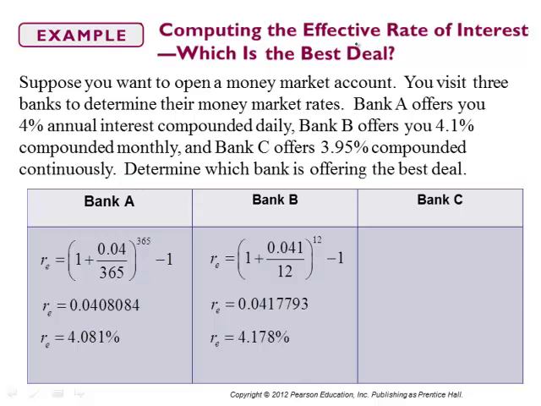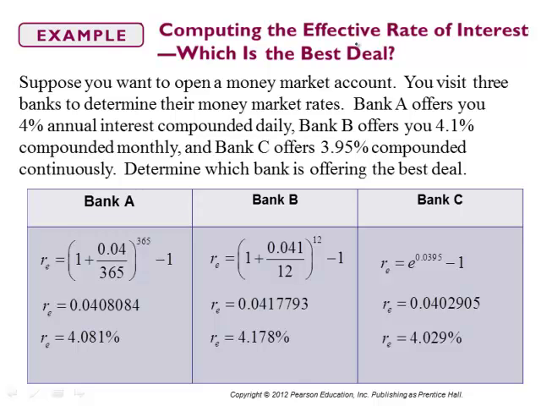Well, that calculation for the effective rate for continuous compounding is actually pretty simple. Four keystrokes on your calculator. So you take e raised to the 0.0395 minus 1. And that works out to be about 4.029%.